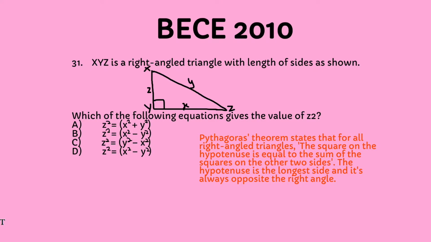So now we would move on to form our equation, which is z squared, which is the other side, plus x squared, which is the other side spoken about, will all equal to y squared. But they've asked us to find the value of z squared. To do this, we will make z squared the subject and equate it to y squared minus x squared, and that will be our answer, C.